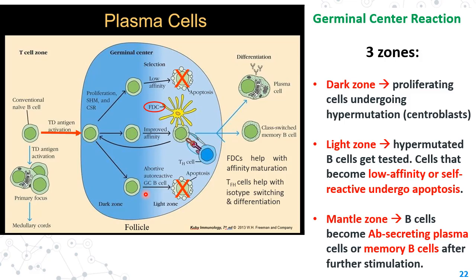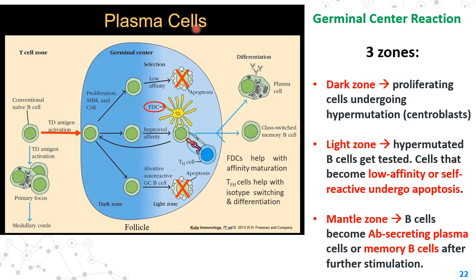Besides those two zones, around this follicle you have a little cover that you call the mantle zone. The mantle zone is going to be covering this follicle like a blanket.